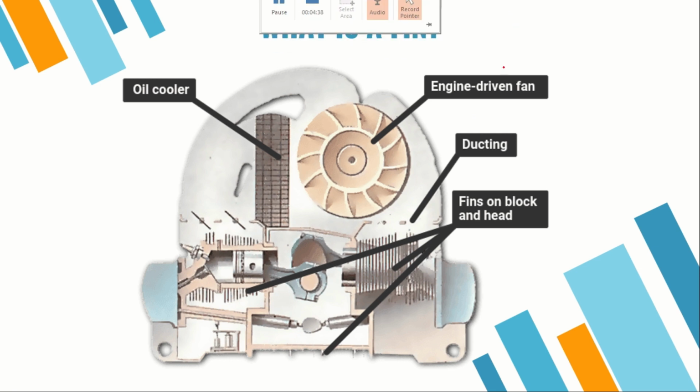The fins provide cooling in the internal combustion engine. Here we can see the fins, these are the fins, so you can see how the fins look. This is the major use of fins in the internal combustion engine.